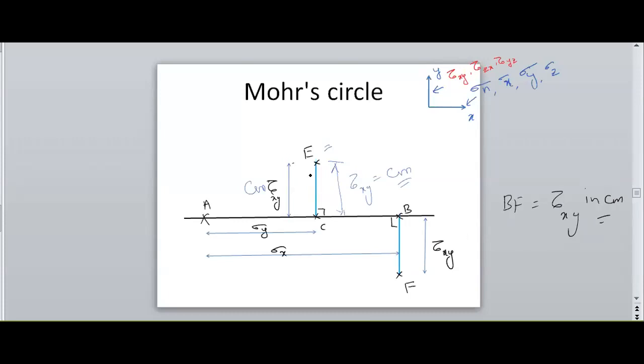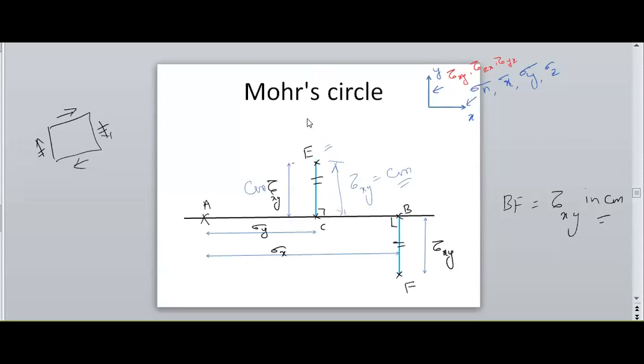So here this height and this height will be same, because a body will feel complementary shear stresses on the faces. Therefore, the magnitude of the shear stresses will be same, and we'll have the same heights.